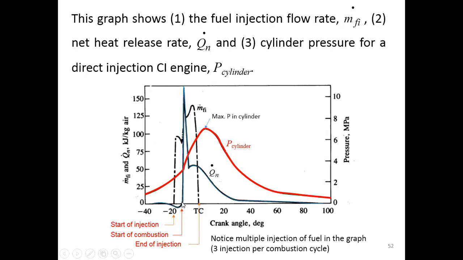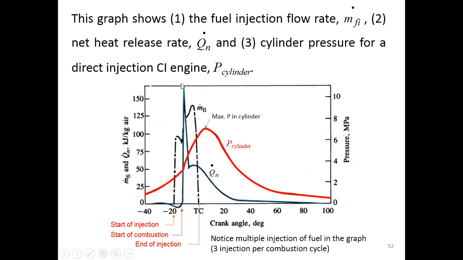And then up to here, you know that the start of combustion happens here, because you start to see the heat release from your combustion chamber, and it goes up very, very quickly to a high amount here.